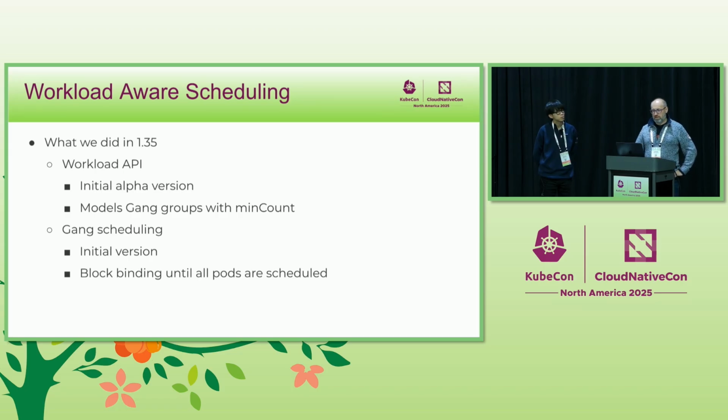So what we did in 1.35, we introduced the workload API. This is the initial version which allows us to model gangs and specify what is the minimum number of pods to make the gang schedulable. We also implemented a simple version of gang scheduling, which at the moment allows us to block binding until all pods are scheduled.